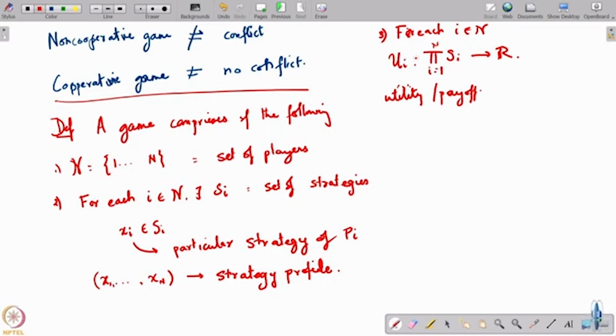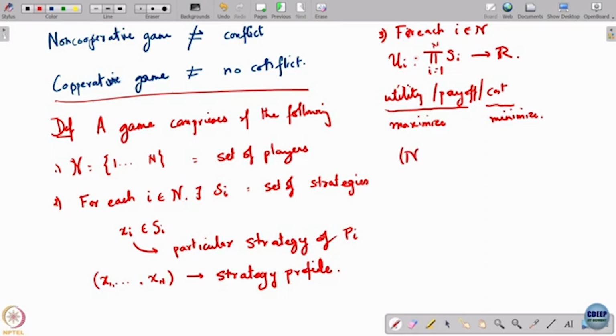So it is utility or payoff, or let us say cost. If it is utility or payoff, the assumption is that he is looking to maximize this, that he is looking for the largest possible value of this, and if it is a cost, then he is looking to minimize this. You put together these three things, then what you get is a game.